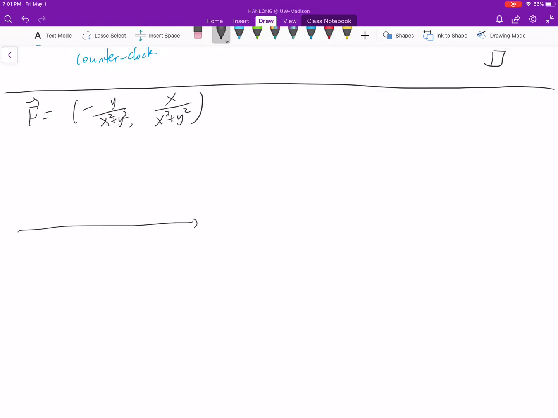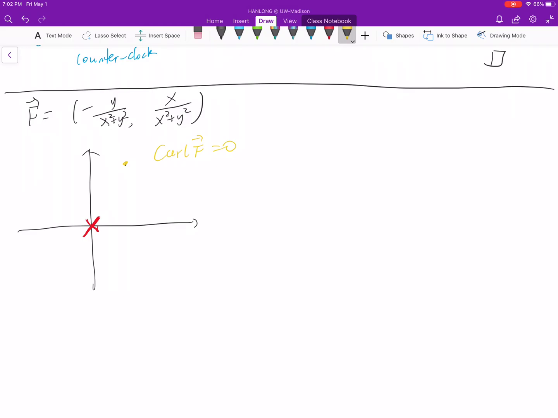And note that this field is not defined at the origin. At the same time, all the other points are well defined. And also, you can compute the curl, which is 0, for any other points.